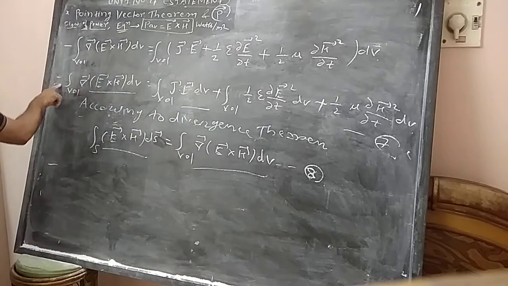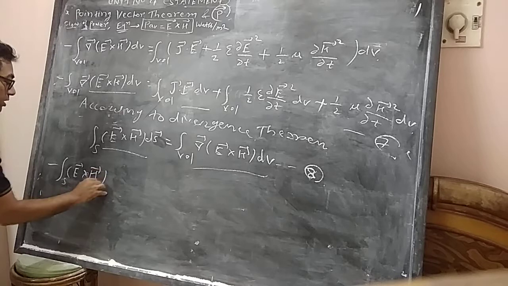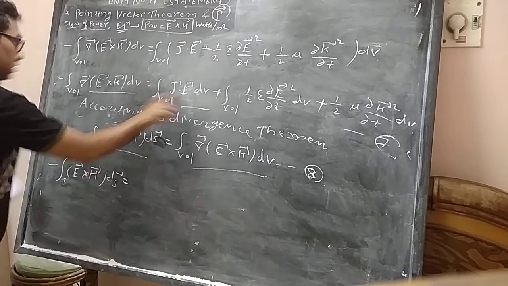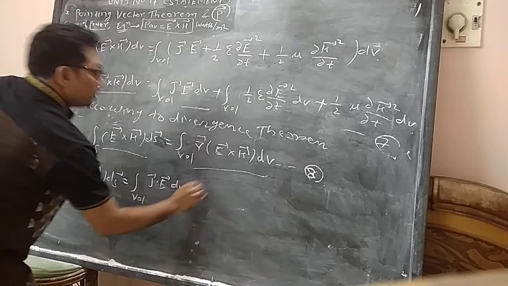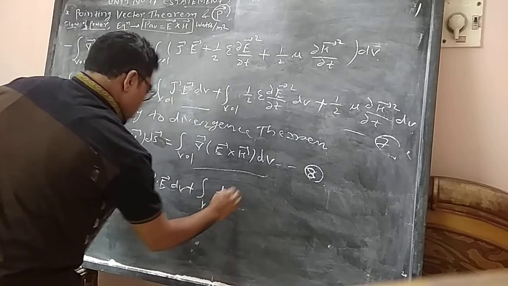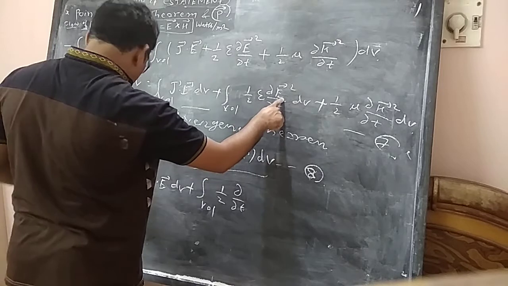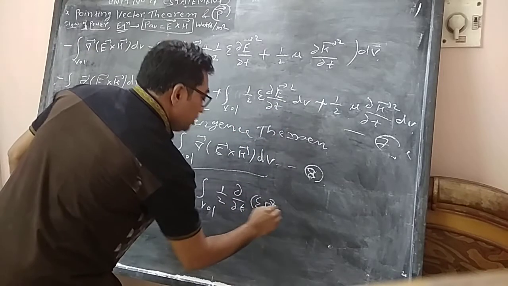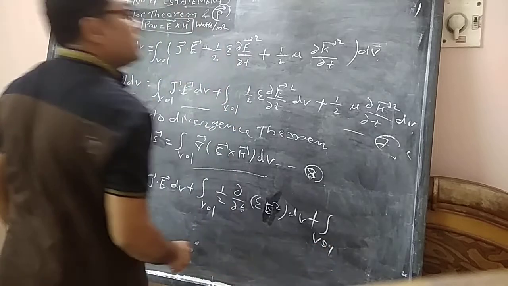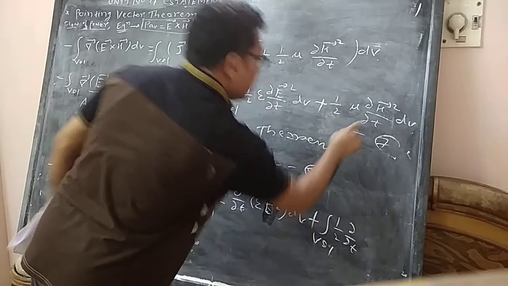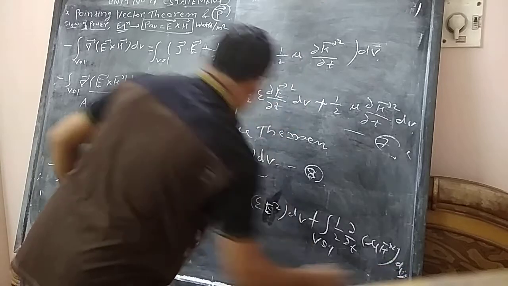So we can write, since there is a minus here, minus of the surface integration of E vector cross H vector into dS equal to the remaining part with respect to volume: volume integral of J vector dot E vector dV plus volume integral of 1 by 2 del t of epsilon E vector square dV plus volume integration of 1 by 2 del t of mu H vector square dV.